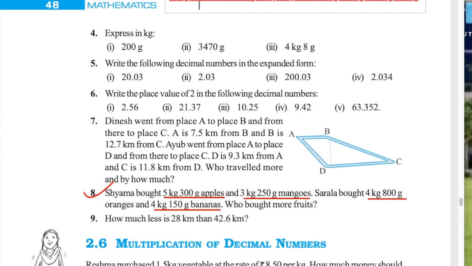How will we write 5 kg and 300 gram in decimals? It will be 5.300 kilogram, plus 3 kg 250 gram. 3 plus 250 by 1000 will become 3.250 kilogram. So if you add, what will you get?